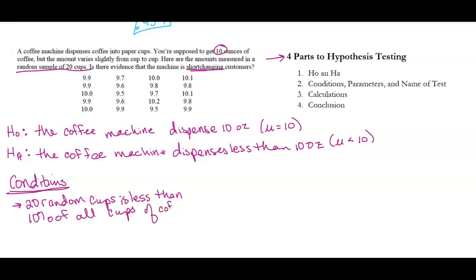Then the other one is the amount of coffee is independent. The last one is we have to look at the histogram, right? It's not above 40, so it's not big enough for us just to assume it's going to be okay.